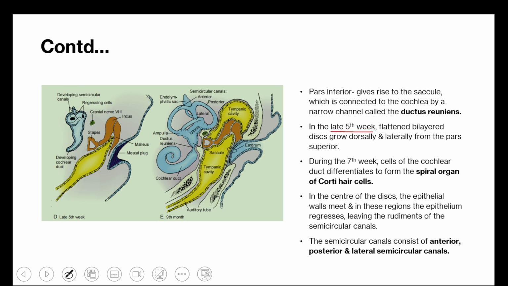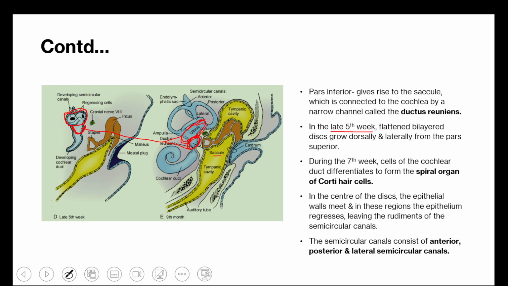And next you see that there is also the formation of the utricle and saccule. The utricle and saccule are also forming from the flattened part, that is the pars superior, and the remaining portion here will differentiate to form the utricle and the saccule.